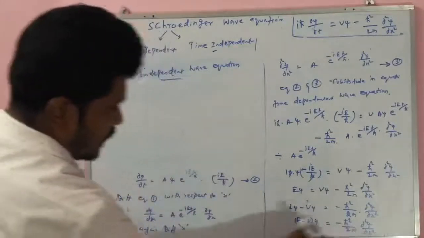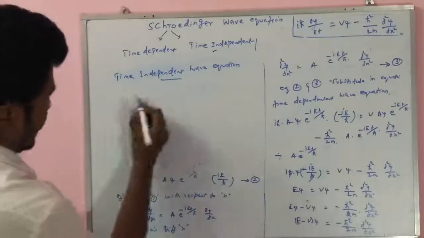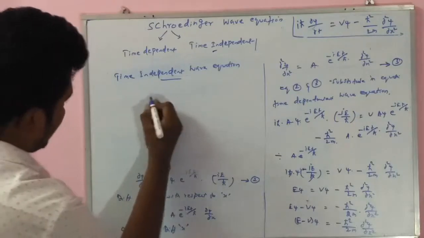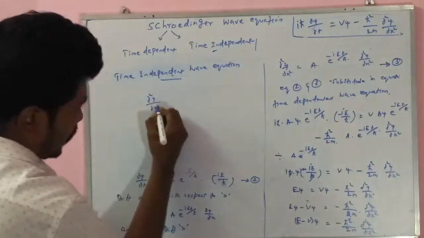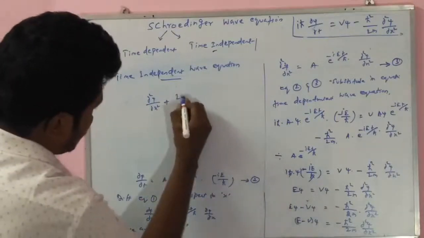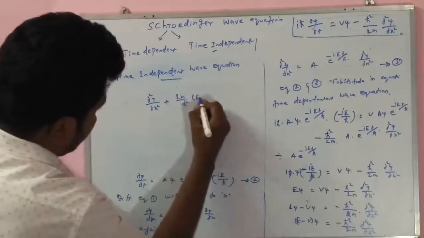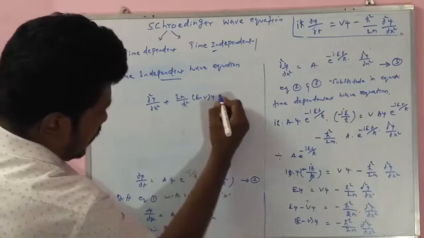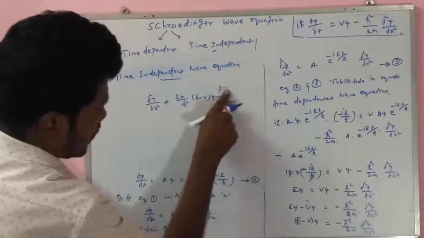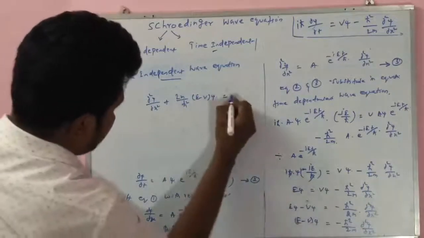Now change this side. So what is the answer? ∂²ψ/∂x² plus, cross multiplying, 2m/ħ² into (E minus V)ψ is equal to 0.